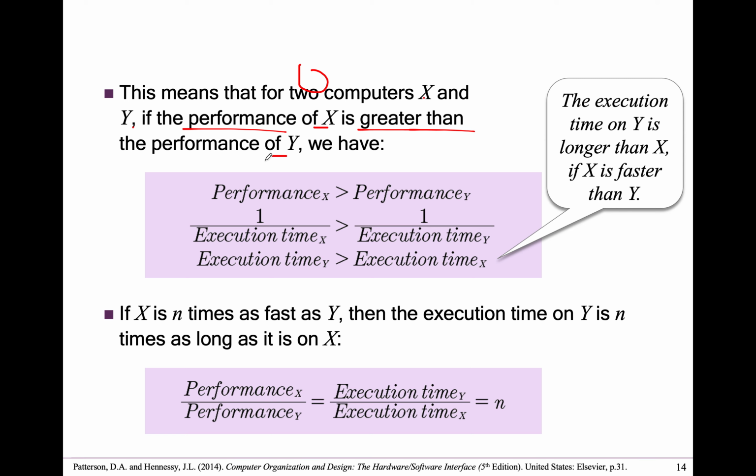So how are you going to justify it? You're going to check both of your execution times, and then see who gets the higher performance. The execution time of Y is longer than X if X is faster than Y.